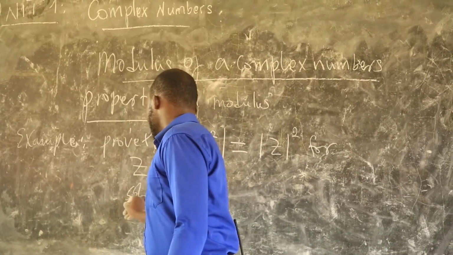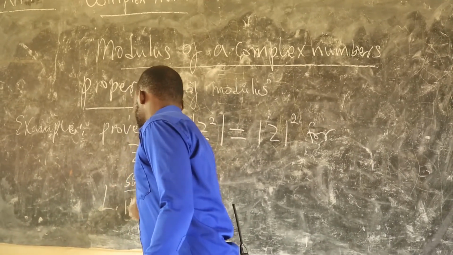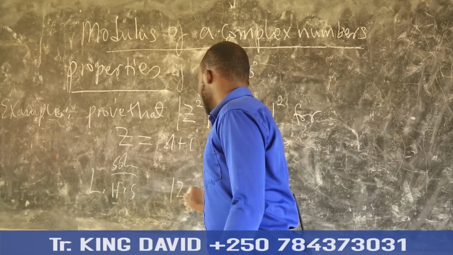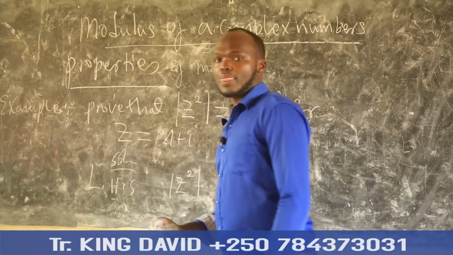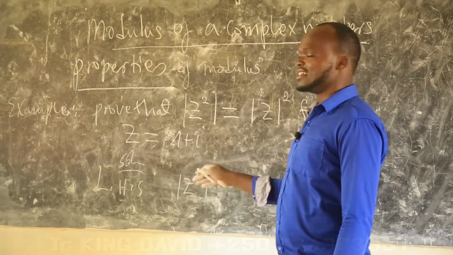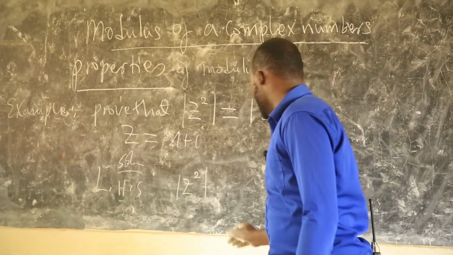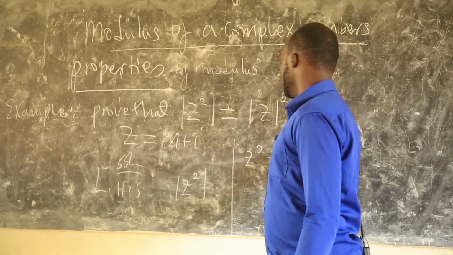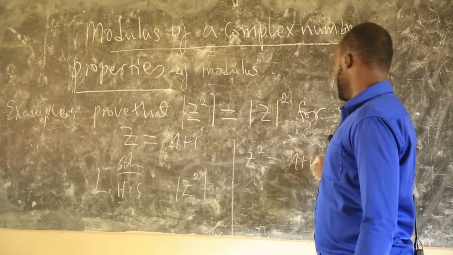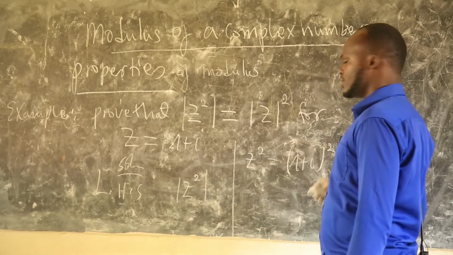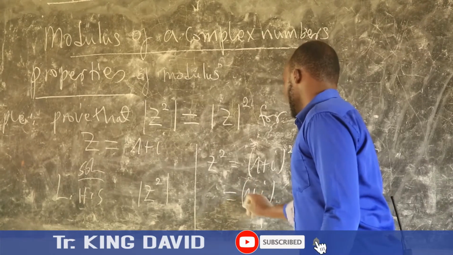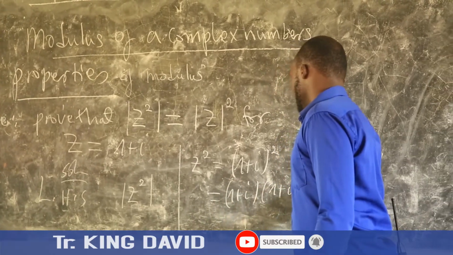Our left-hand side, we have the modulus of Z squared, meaning that we're going to find Z squared. So what is Z squared? Z squared equals 1 plus i, then squared, which is 1 plus i into bracket 1 plus i.